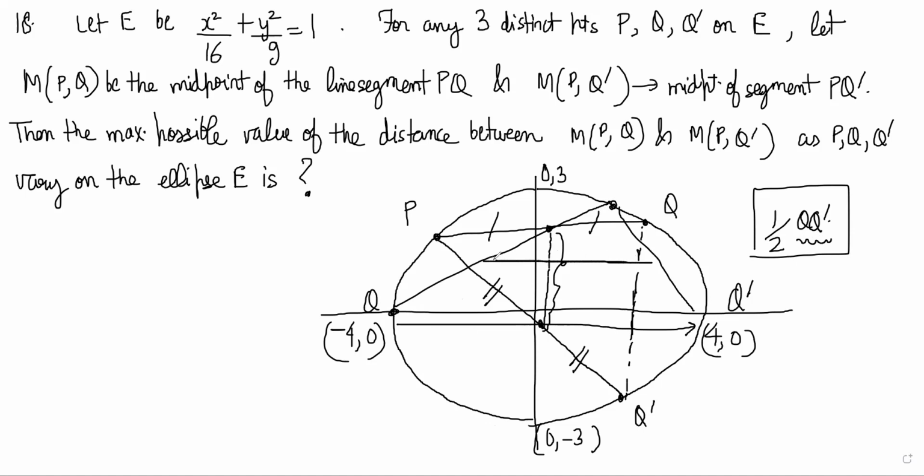Half of that will always be 4, right? That is the answer. This is a nice question. It's actually not a coordinate geometry question, it's just geometry. If you just draw the figure and join the triangle, it becomes the midpoint theorem, obviously.